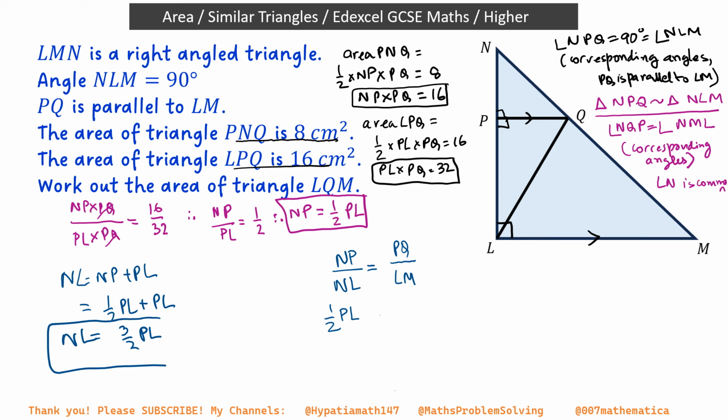So we have NL is equal to 3 out of 2 PL.